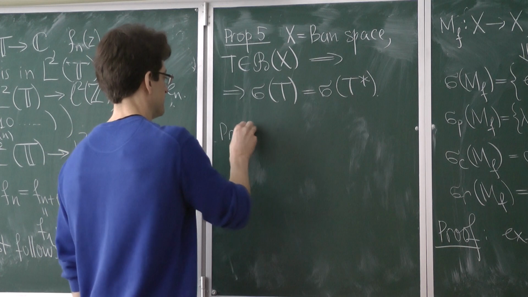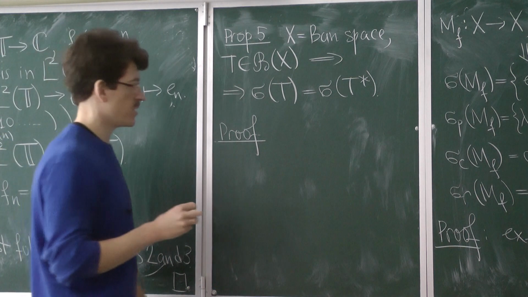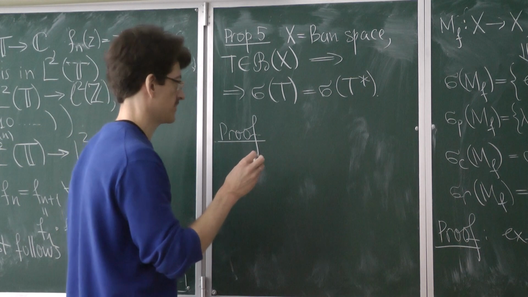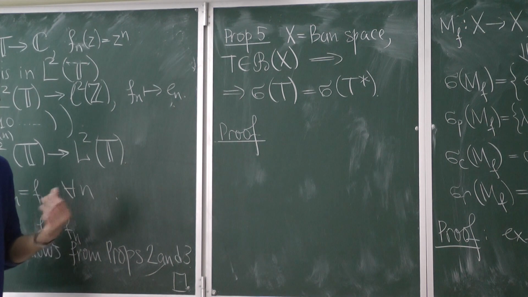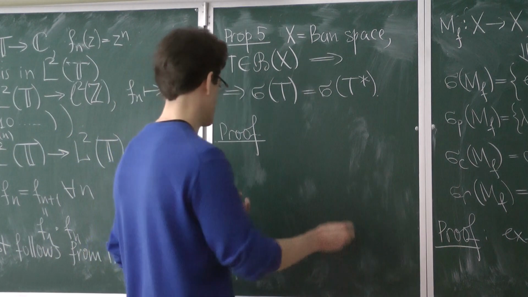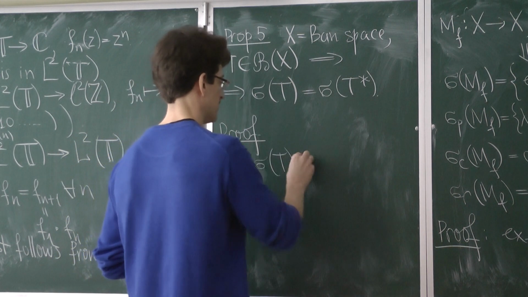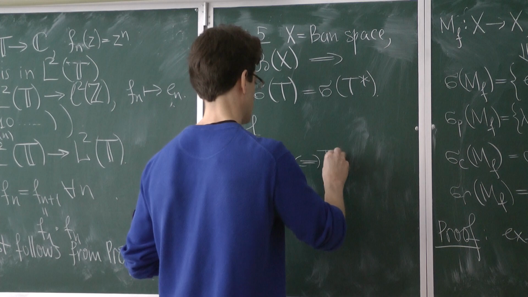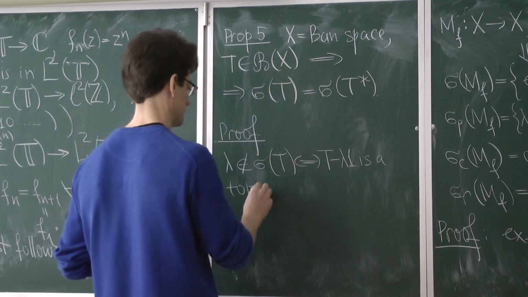The proof is very easy for the following reason. What do we know about T and T star? We know that T is invertible if and only if T star is invertible. This was one of our results from the duality theory: an operator between Banach spaces is a topological isomorphism if and only if the dual operator is a topological isomorphism. So a complex number lambda is not in the spectrum of T if and only if T minus lambda is a topological isomorphism.